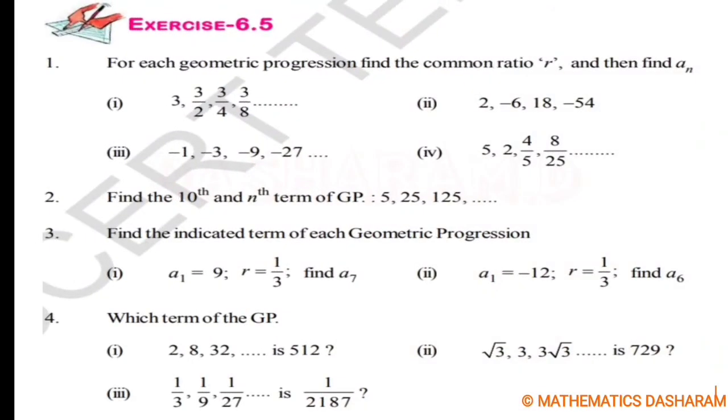Next, go to the fourth bit: which term of the GP? The first question: 2, 8, 32, and so on, is 512. Which term of the GP will 512 be? Let's find the a value, 2, and the r value, which is 8 by 2, equal to 4.